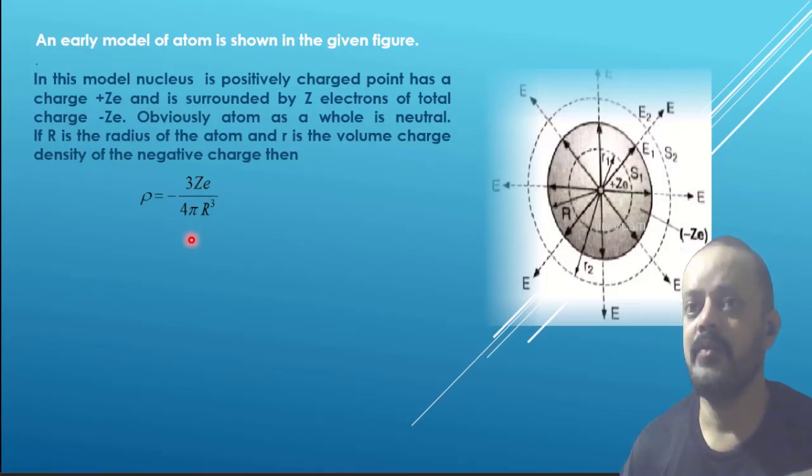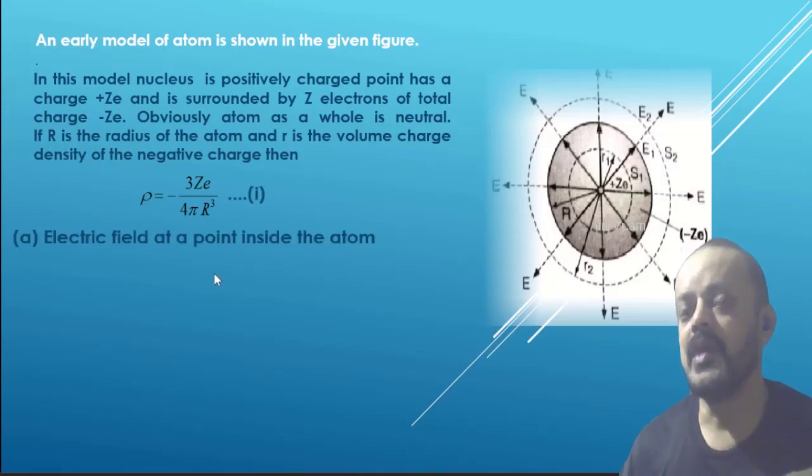We get the volume charge density of the negative charge, denoted by rho. So the expression for rho will be minus 3Ze divided by 4 pi capital R cube, where capital R is the radius of the atom. Let this be equation 1.